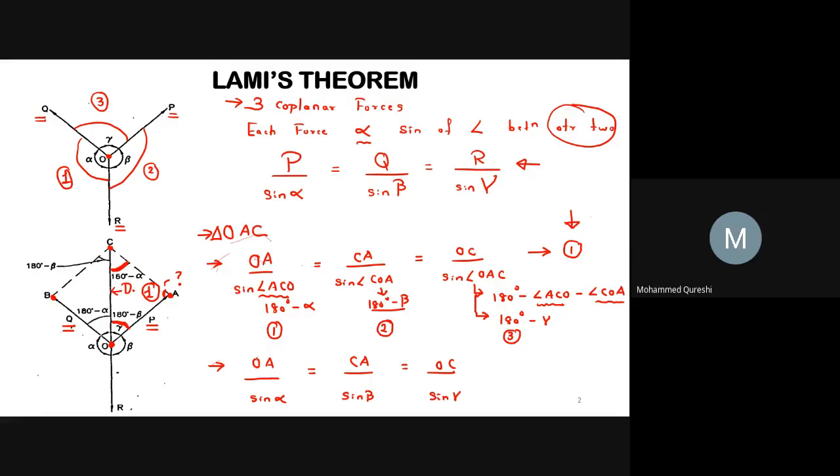So, what is OA? OA is nothing but P force. What is CA? CA is nothing but your Q force. And what is OC? OC is nothing but your R. So, this is the proof of Lami's theorem. Simply remember the formula P upon sine alpha equals Q upon sine beta equals R upon sine gamma.